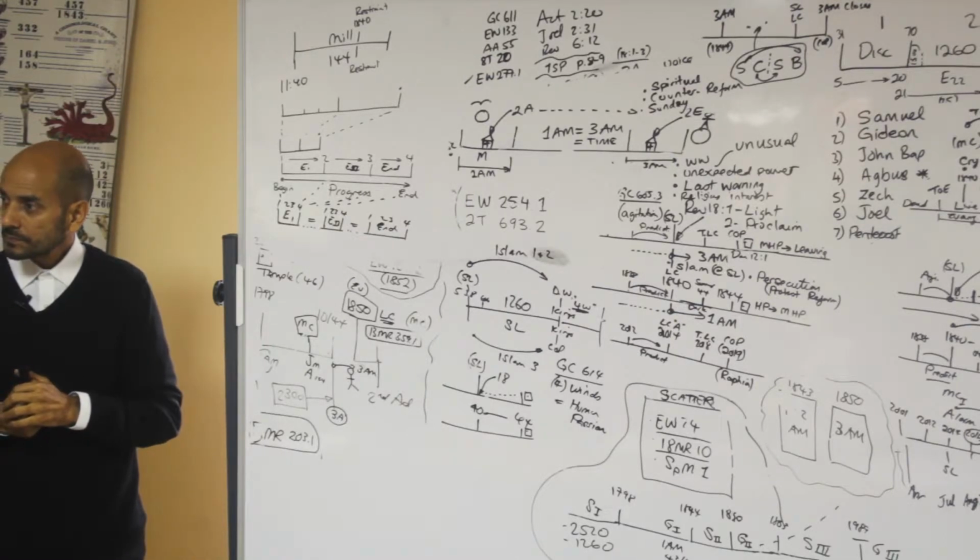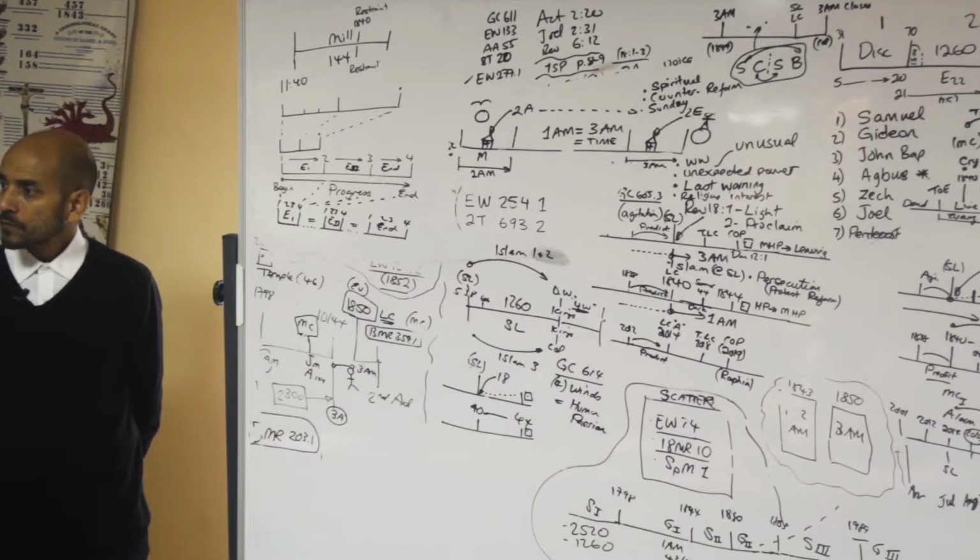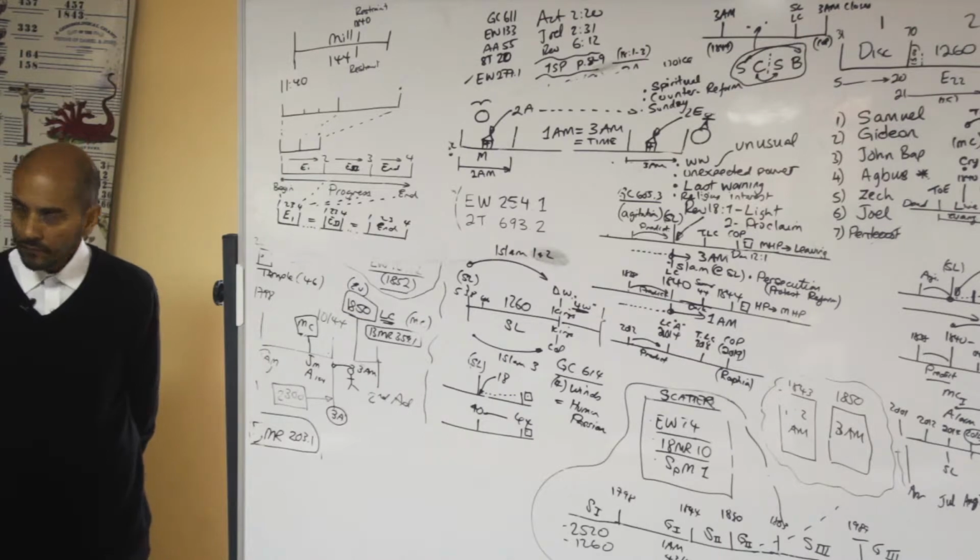So it's the same concept that is applied in the Millerite 144 comparison, but when it is applied in one line and you begin subdividing it into smaller portions, that is what we call fractal. So a fractal is one form of typology when it is done on one line.